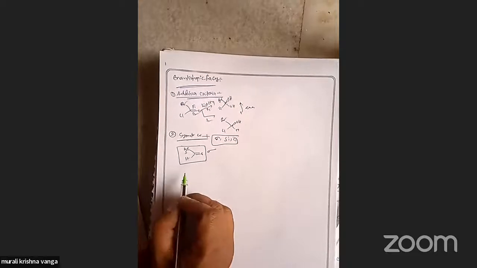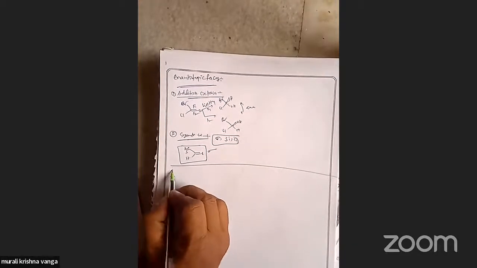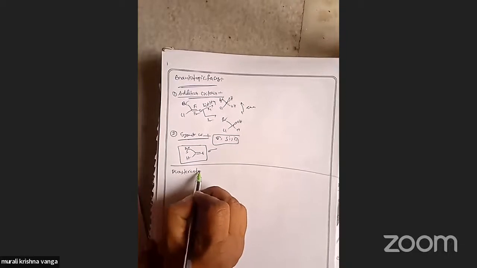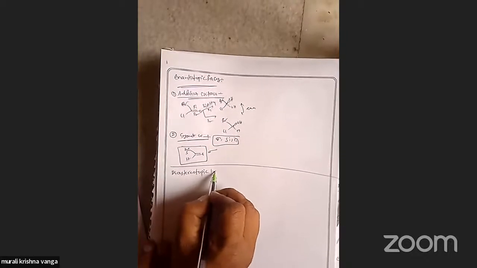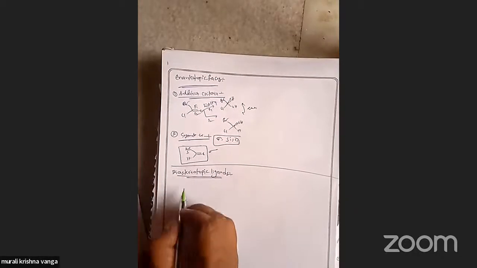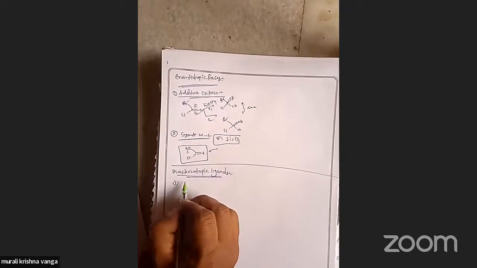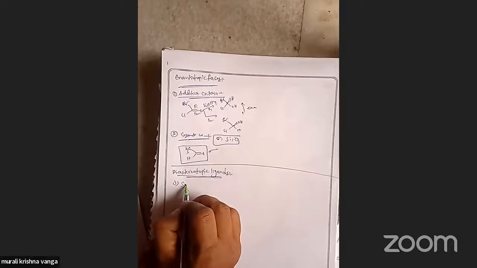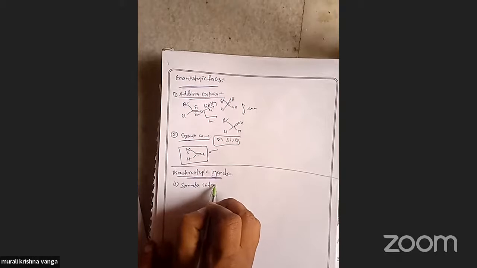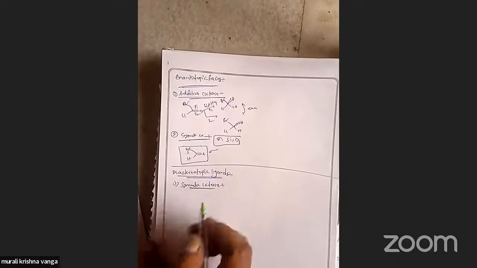Next one is diastereotopic ligands. One is symmetry criteria.